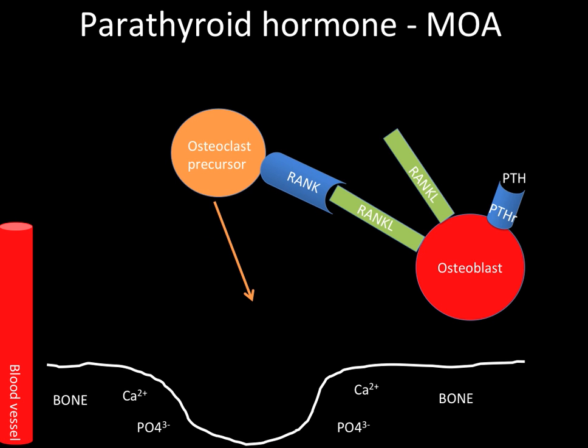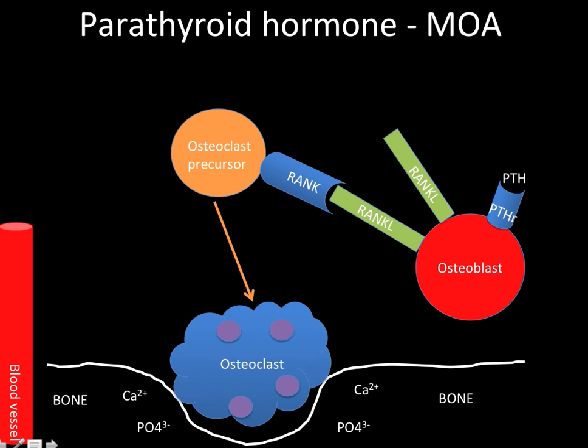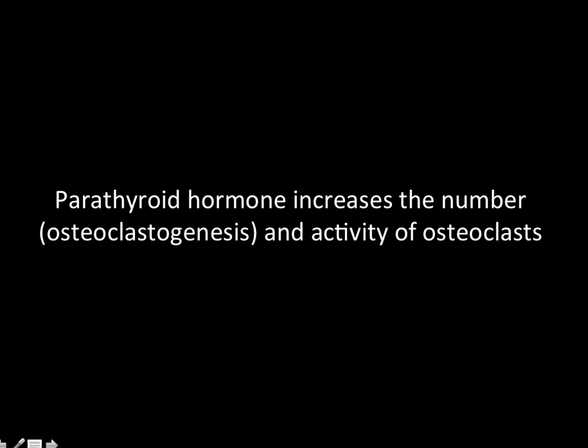Now, when this happens, this results in a differentiation of the osteoclast precursor into a full-blown, multinucleated, badass osteoclast. And when that happens, that is now ready to reabsorb bone here. And as it does, it's going to leach this calcium and the phosphate back into the blood. Okay, so this is the mechanism by which parathyroid hormone increases calcium blood concentration.